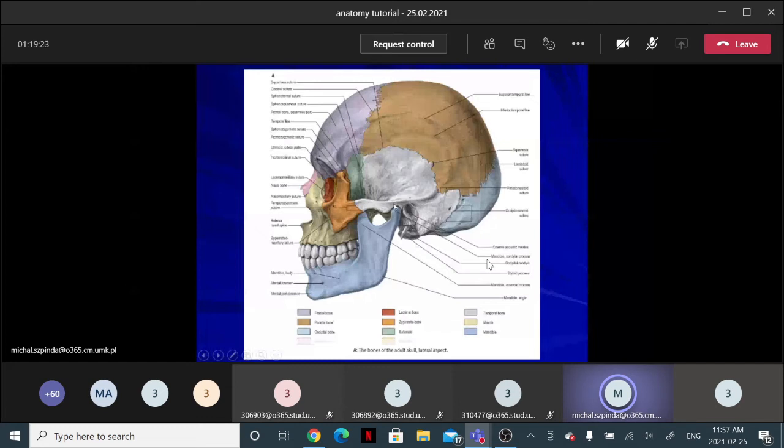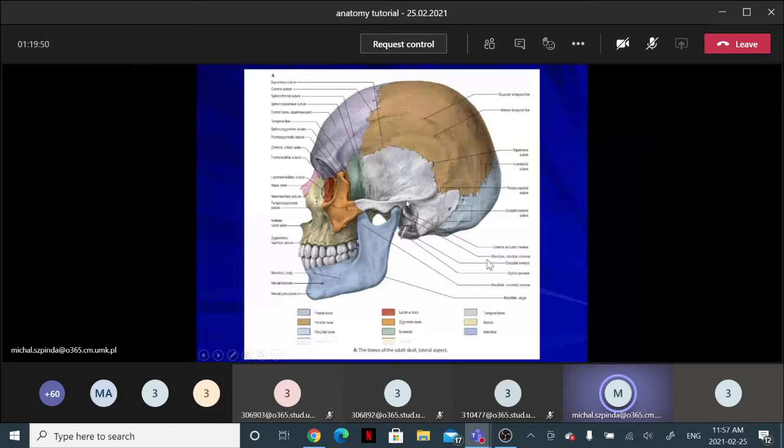And the zygomatic process of the temporal bone joins the reciprocal temporal process of the zygomatic bone. As a result is the formation of the zygomatic arch.